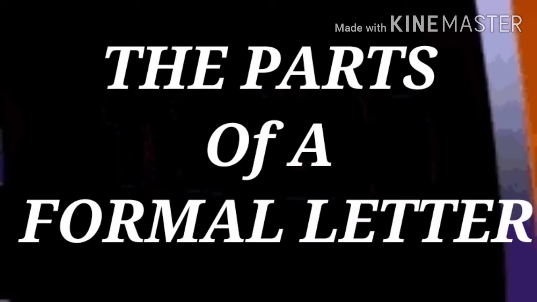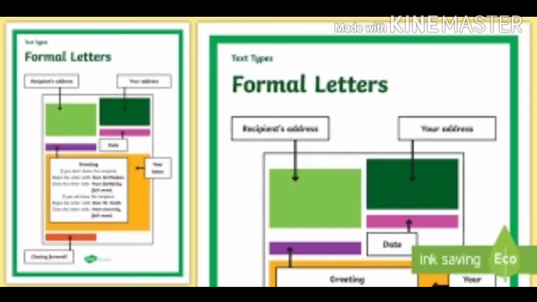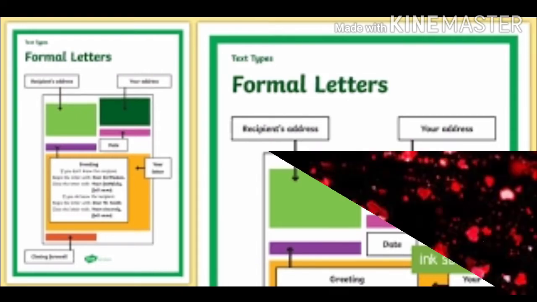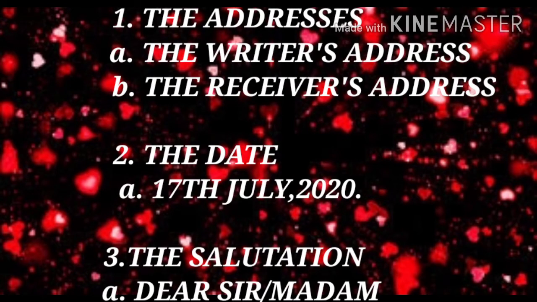At the end of your letter, you would have this format that is about to come up on your screen now. It would appear like this. Okay? You have this in your work. So let's just review the parts of the formal letter before we go back to the letter of application. You have the addresses, that's the writer's address and the receiver's address.